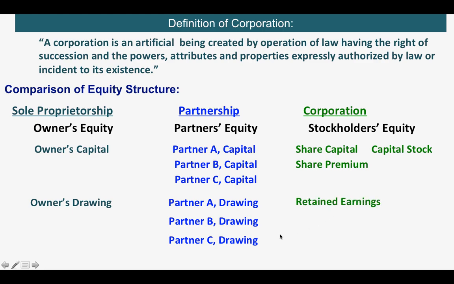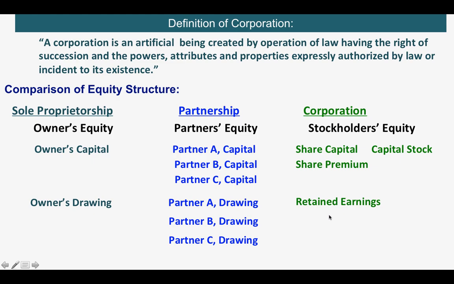The equivalent of the drawing account is the retained earnings, because the retained earnings is the account used by corporation to record profit or loss from operations. So if there is a profit, you will see there is a credit side on the retained earnings, because as we have learned, the normal balance of the equity side is credit.